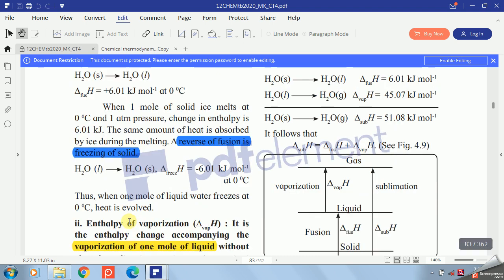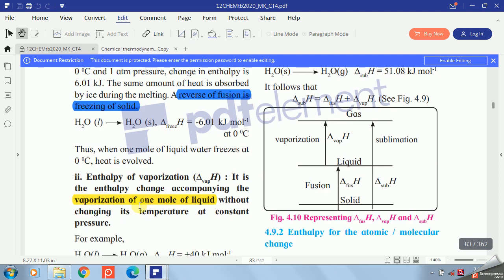I think all are familiar with this. If the process is opposite, the reaction is reversed and the value changes only by the sign. The figure will be the same, only the sign will change.